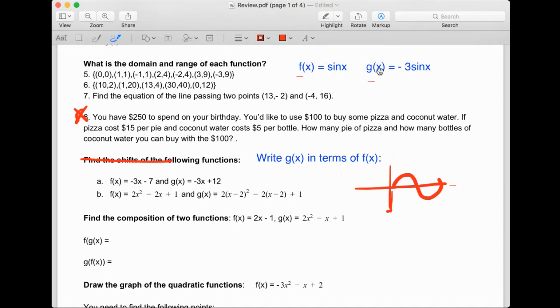How does g get transformed from f? First we see the negative, then we see the 3. The 3 shows us the amplitude. For sine x, the highest point is 1 and the lowest point is -1. But here, because we have this 3, the highest point will be 3 and the lowest point will be -3.